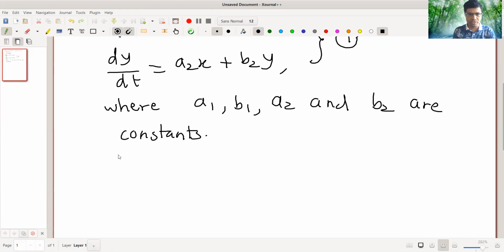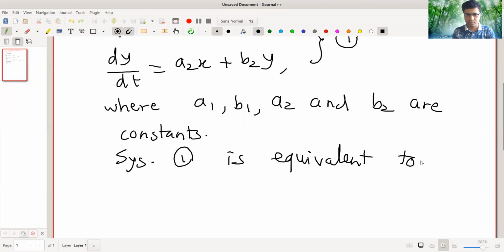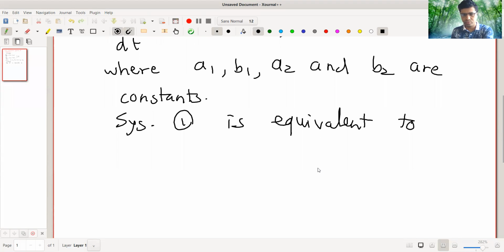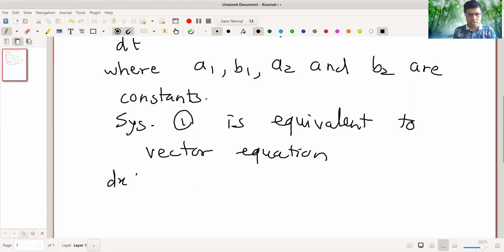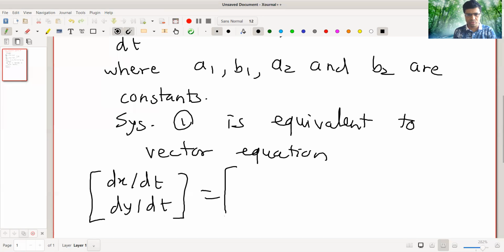This system 1 is equivalent to vector equation dx by dt, dy by dt equal to matrix a1, b1, a2, b2, times x, y.